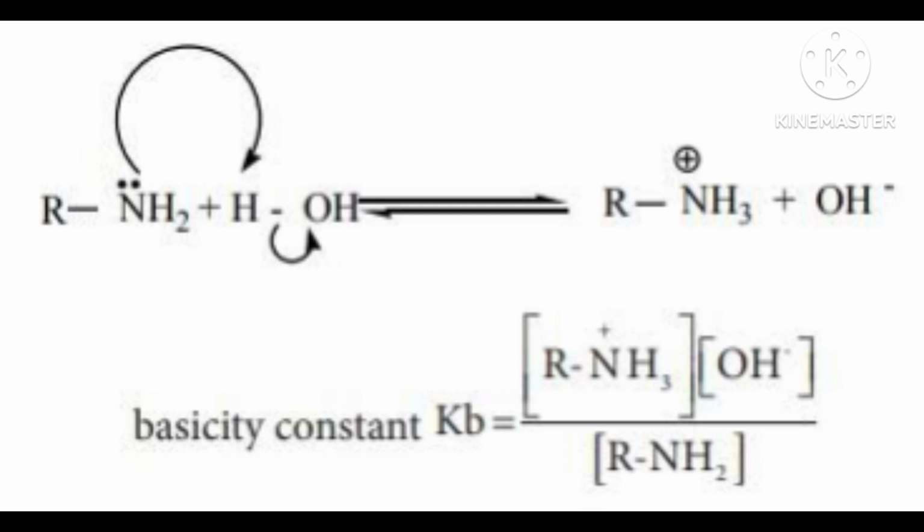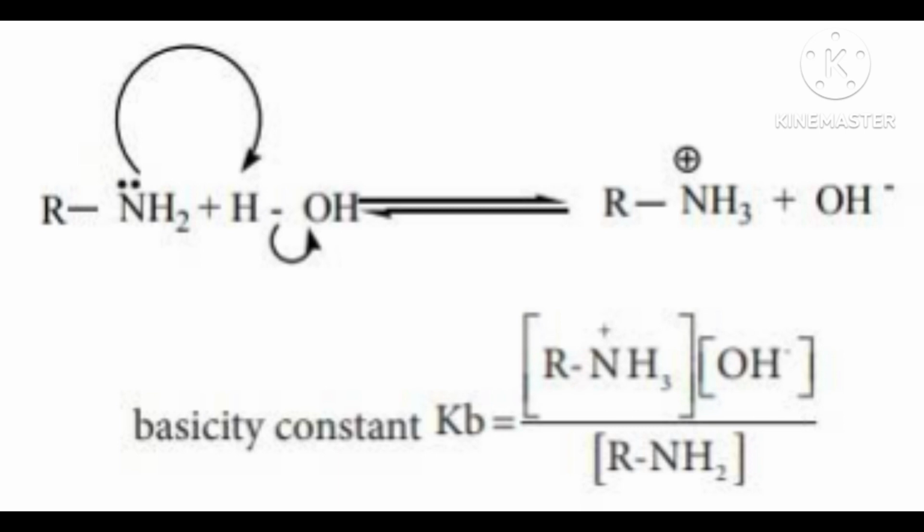This is the plus I effect, alkyl group leading to the high electron density on nitrogen. Any alkyl group, methyl and ethyl, will provide more electron, hence it will be more basic.